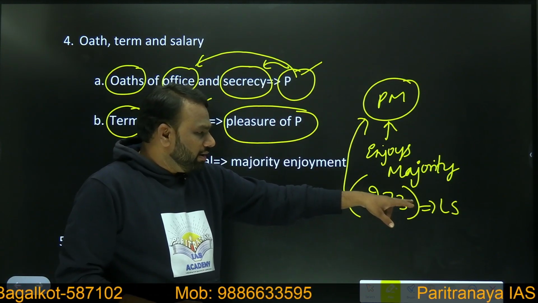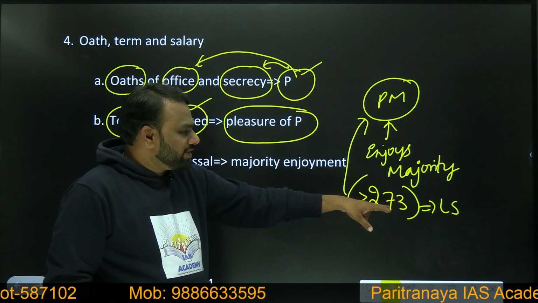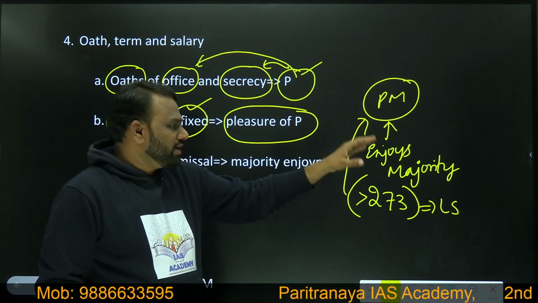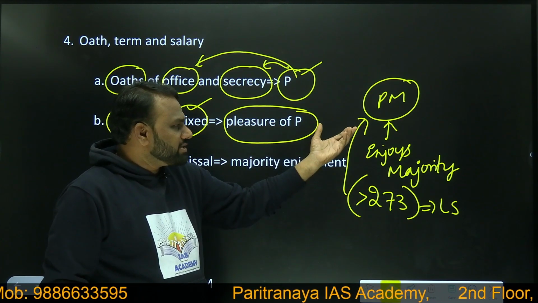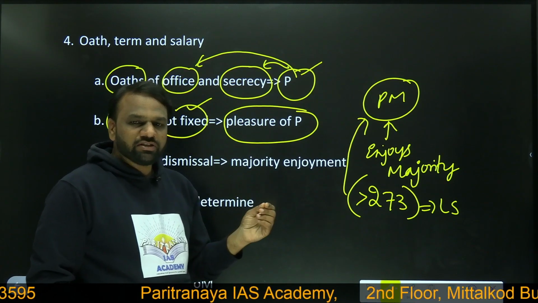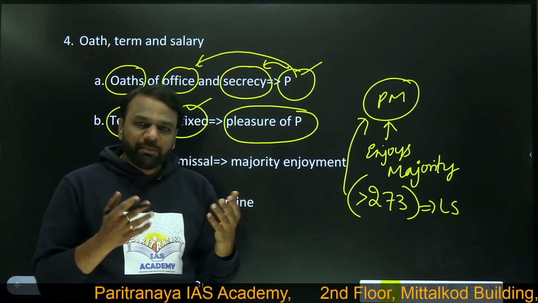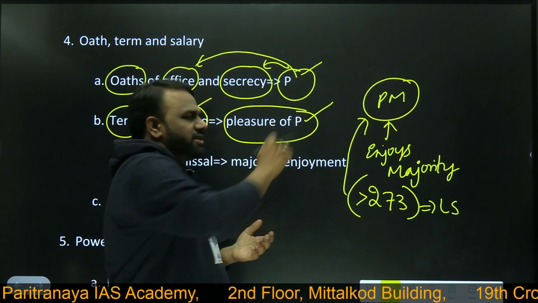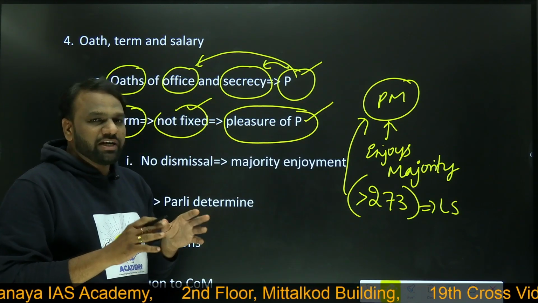If they support prime minister, it means prime minister enjoys the confidence of the Lok Sabha. As long as the prime minister enjoys the confidence of the Lok Sabha, he enjoys the pleasure of the president. It means president is happy.